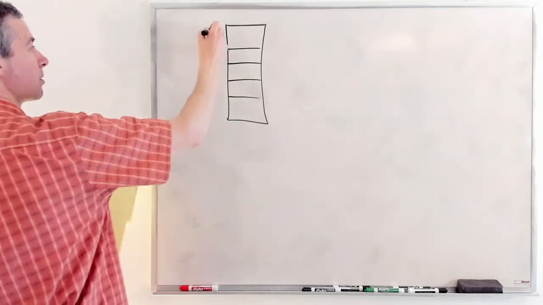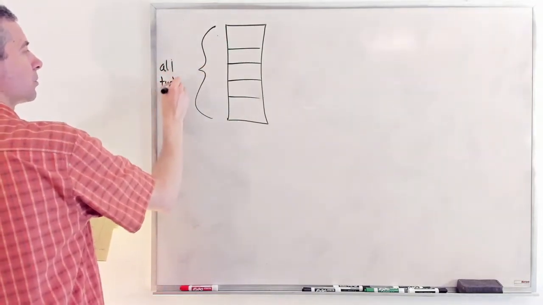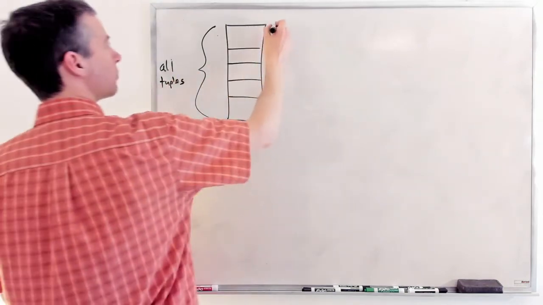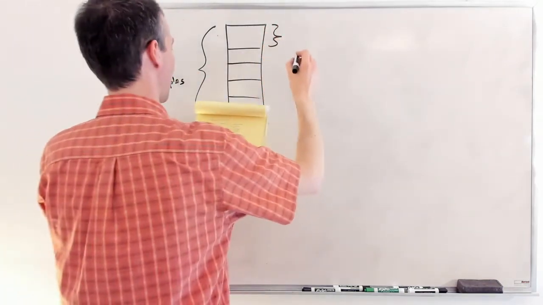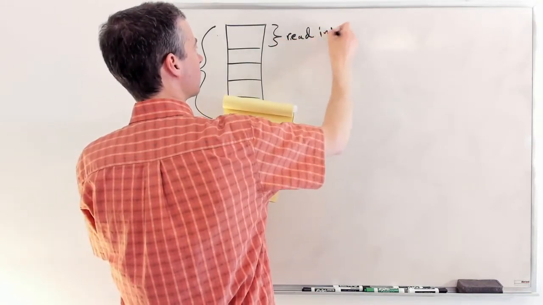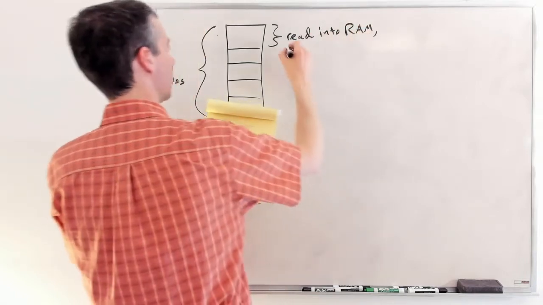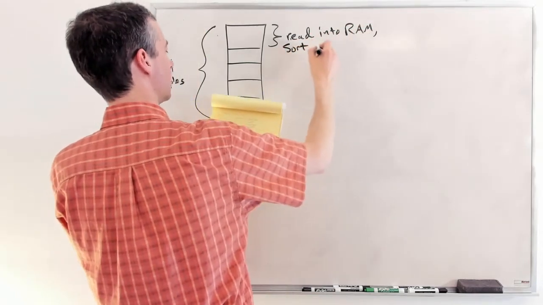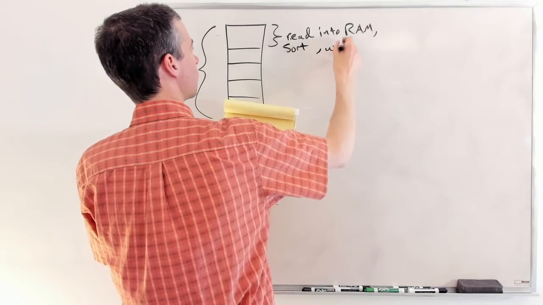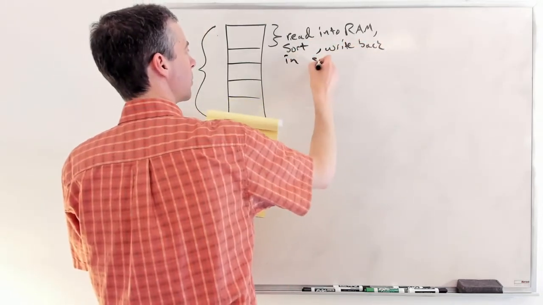And so this is all of our tuples here sort of represented. And what you're going to do is read in one of these chunks into RAM, and then sort it, and then you can just write it back in the same location.